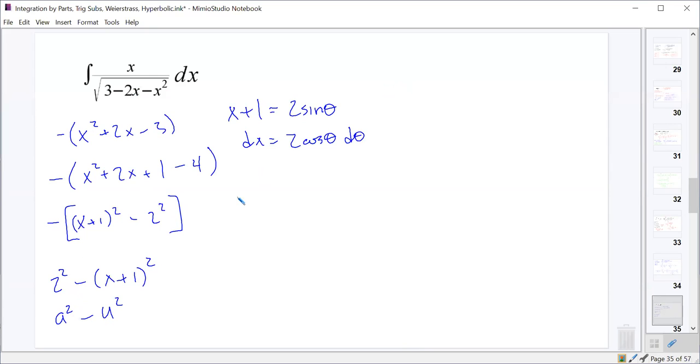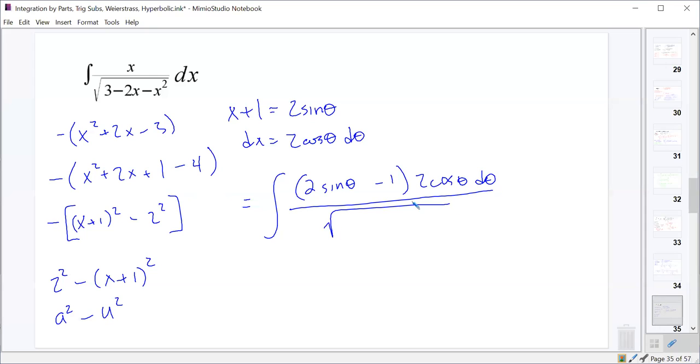Should be able to make this an integral of x in the numerator, so 2 sine theta minus 1 times our dx, which is 2 cosine theta d theta, divided by this 3 minus 2x minus x squared, which ought to just be a square root of 4, or a 2 squared, minus our x plus 1, which is 2 sine theta squared, or 4 sine squared theta. Everybody good with that so far?